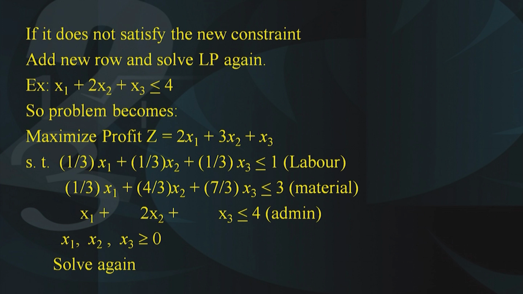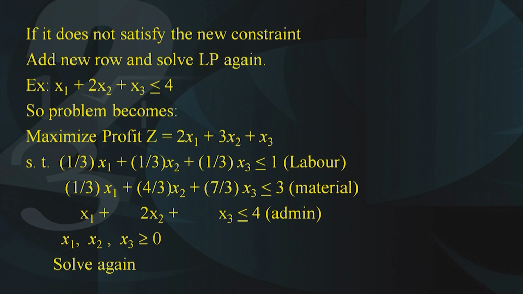So, the problem becomes as before, we have to maximize the profit Z equal to 2x1 plus 3x2 plus x3 subject to 1 by 3 x1 plus 1 by 3 x2 plus 1 by 3 x3 less than or equal to 1, that is the labor requirement. Second constraint is 1 by 3 x1 plus 4 by 3 x2 plus 7 by 3 x3 less than or equal to 3.